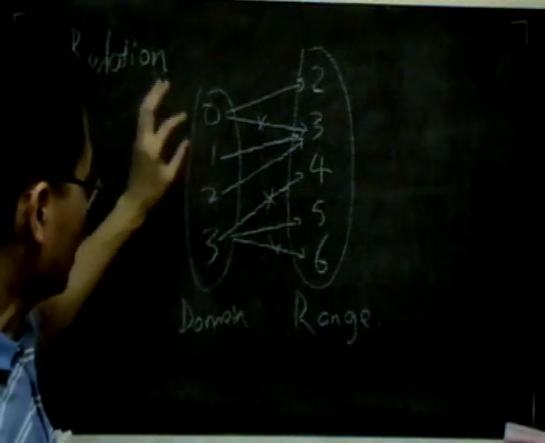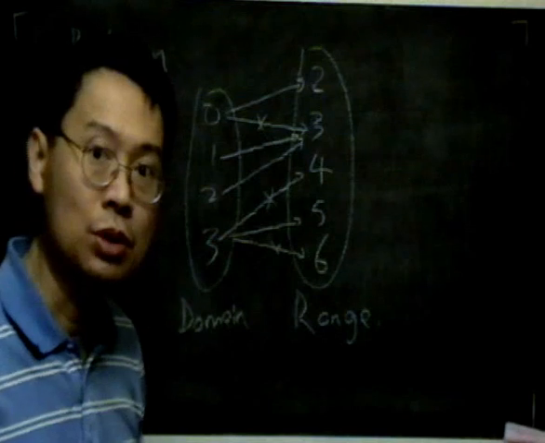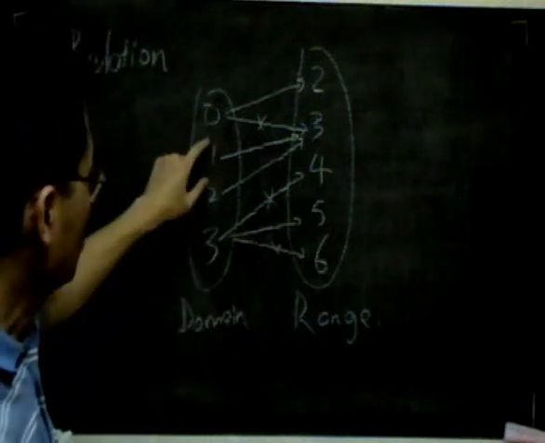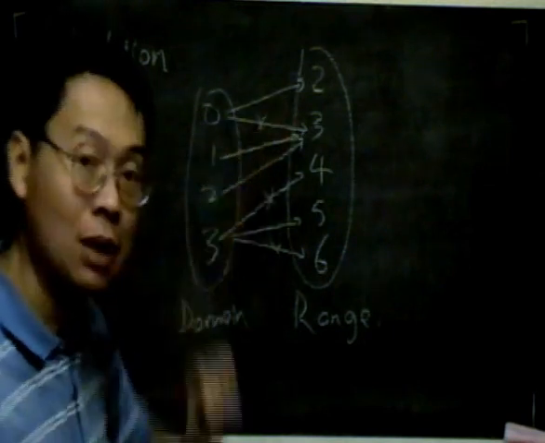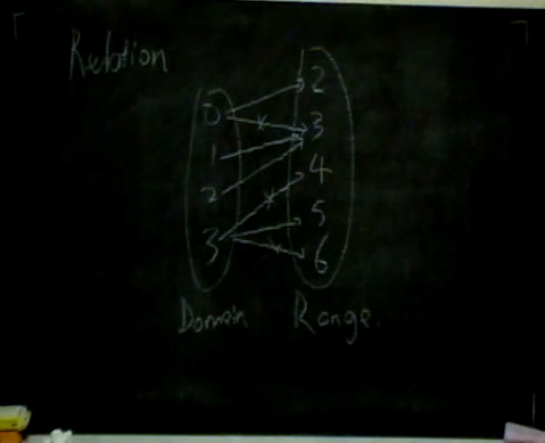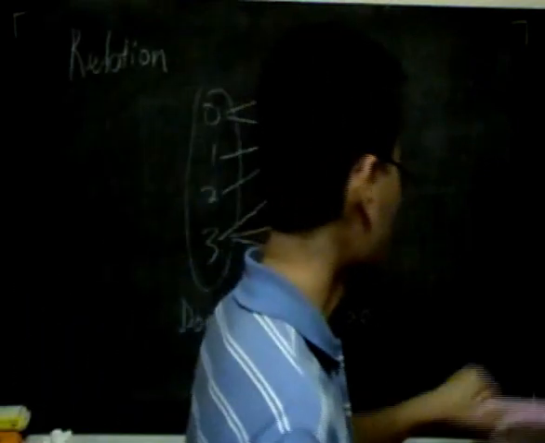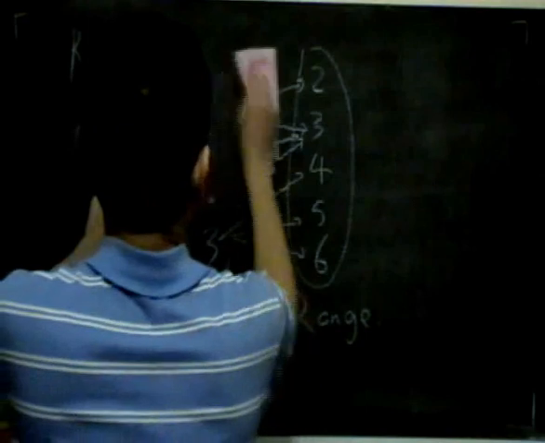So each element in the domain can only be related to one element in the range. But we can have more than one element in the domain related to the same element in the range. That's fine. So this is a very subtle point about functions.